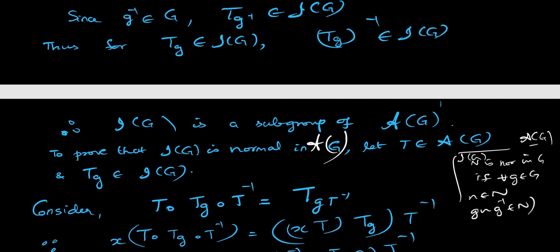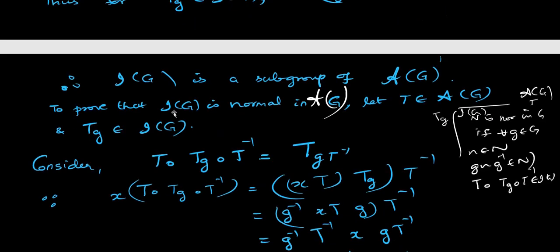And from here an element considered is T, and from here an element considered is Tg. So naturally what we need to check is that T composition Tg composition T inverse belongs to script I(G). This is what we are trying to establish.